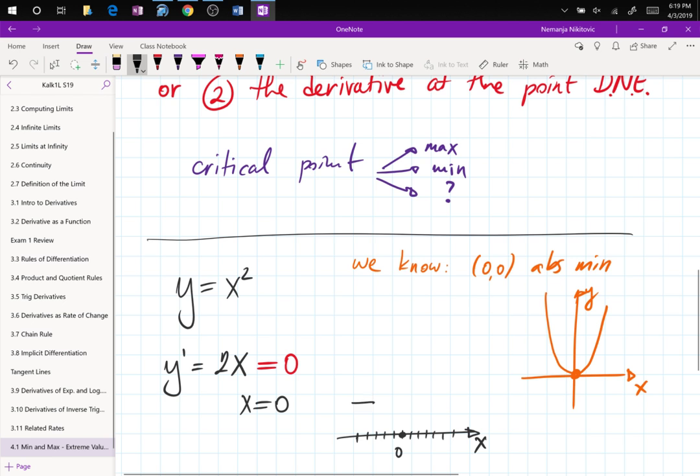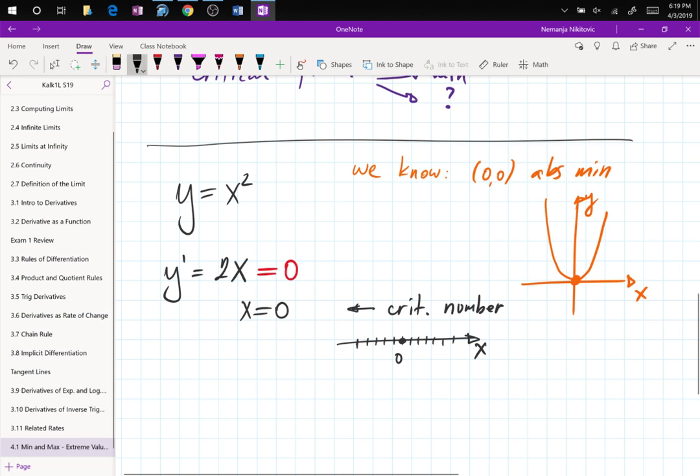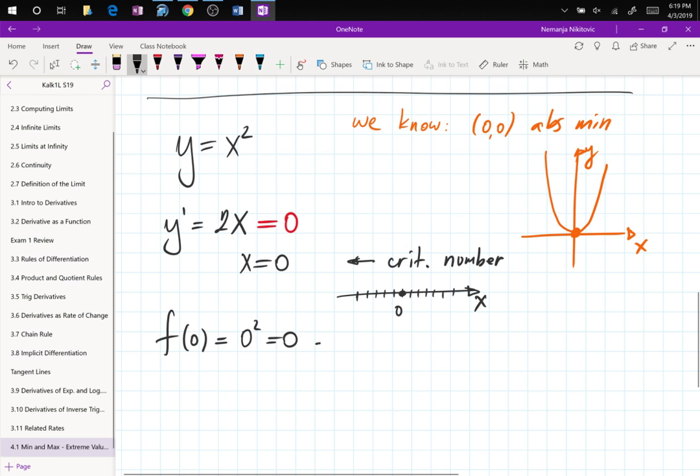So the wording is, this over here is critical number. Now you take your critical number and you calculate your function at the critical number to get the y value. So that's your y. And now you have 0, 0, and that thing is called critical point. Right? So x value alone is called critical number. When you add y to it, it becomes x, y. Now it's a point, right? Because it's an ordered pair.